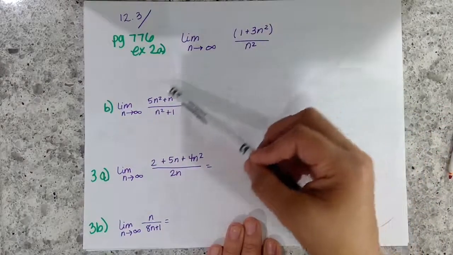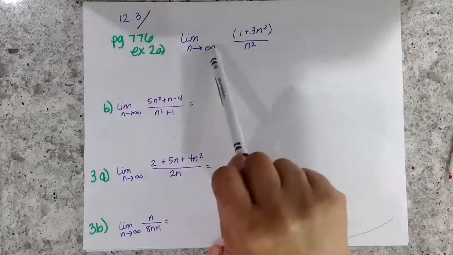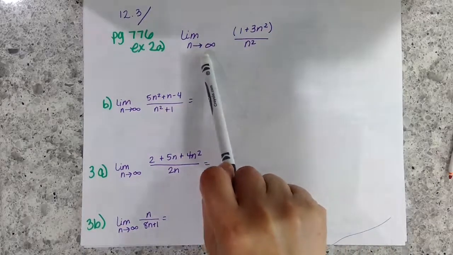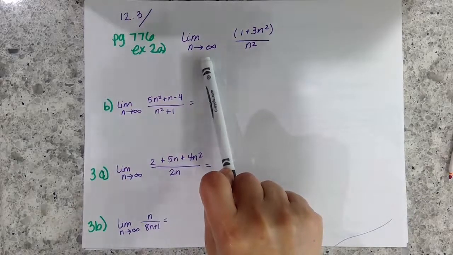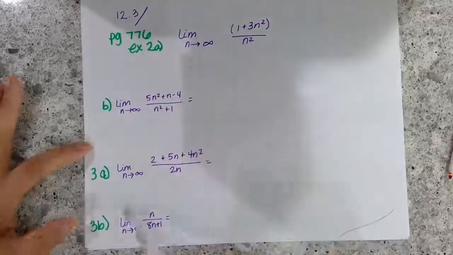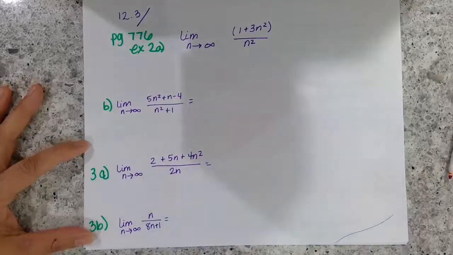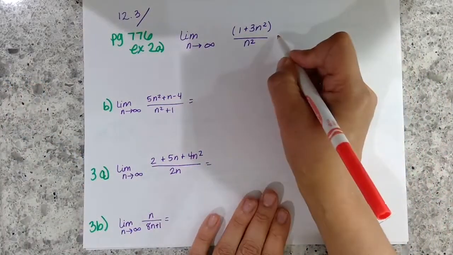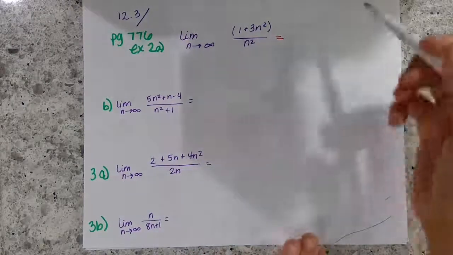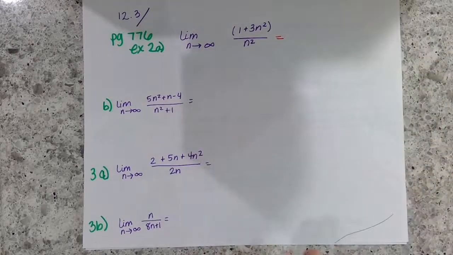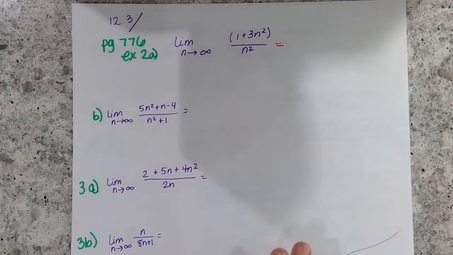Your book actually only has you going to infinity, but sometimes they'll have you going to negative infinity, or as it approaches the number 2, as it approaches 0, as it approaches 3. That's more of your calculus, but for right now, they're just introducing this. So what you're going to do is copy this down. You're not going to be assigned homework on this, but it is good information to know.